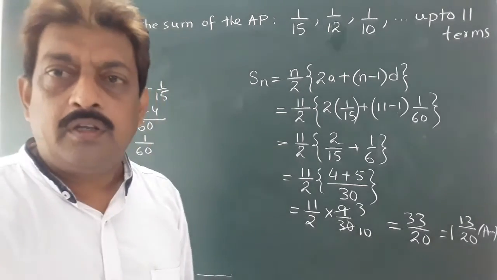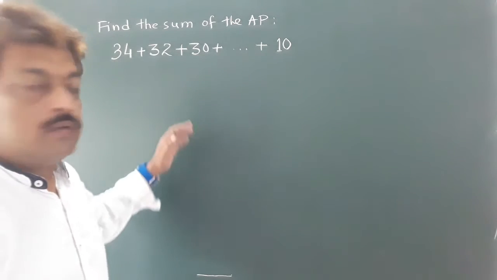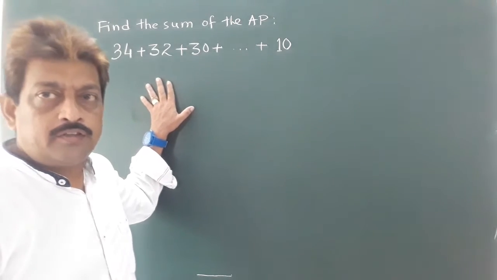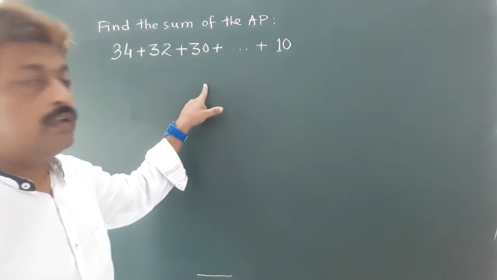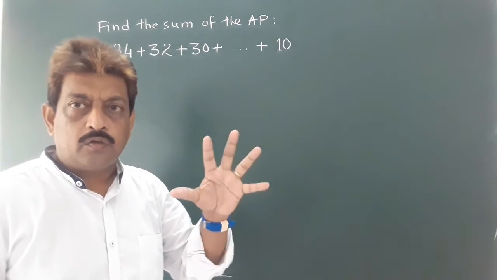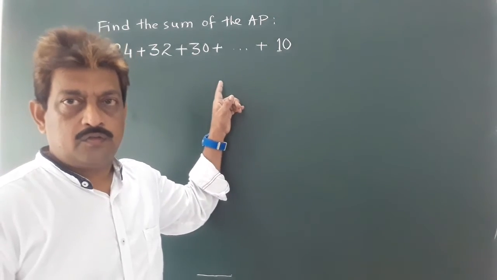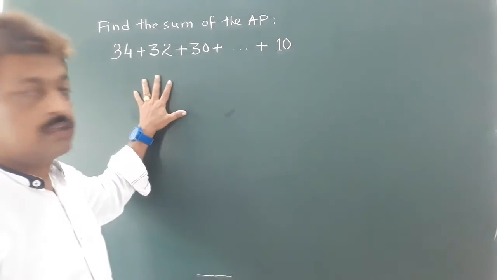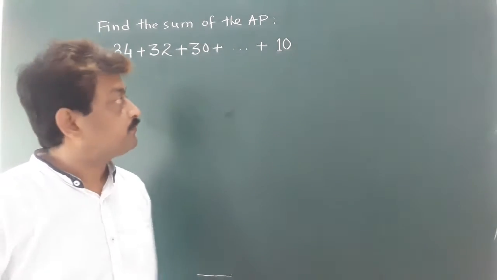Okay, let me solve another problem. Now see, there is another problem and it is very important. Just quickly go through the question and try to find out what is the difference between the two sums I have solved earlier, and this sum. Just find out the difference and why it is important.